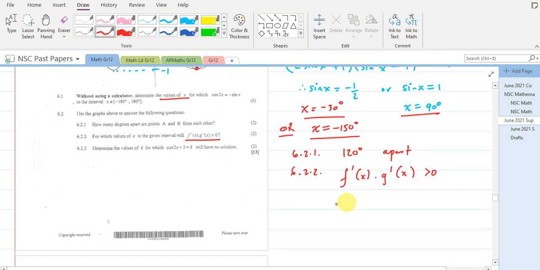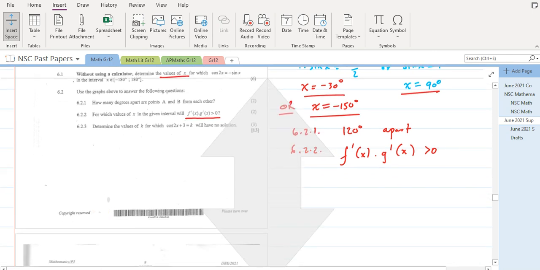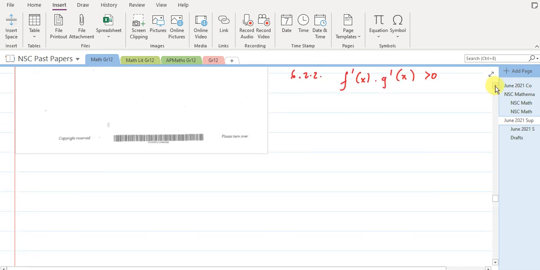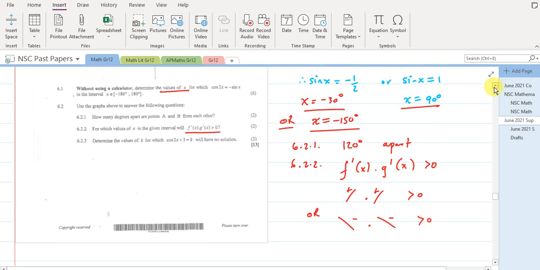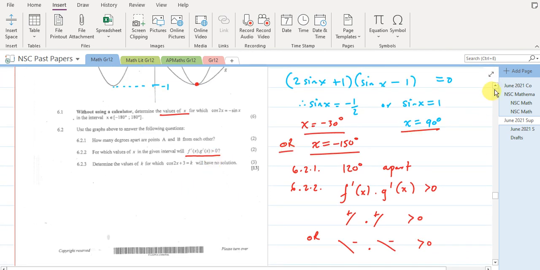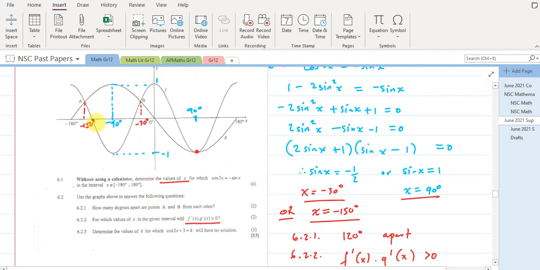It basically means we need both the functions to be increasing simultaneously, or we need decrease and decrease simultaneously. That will give us greater than 0. So where are both functions increasing simultaneously or decreasing simultaneously? We can see from here to that point 0.17.